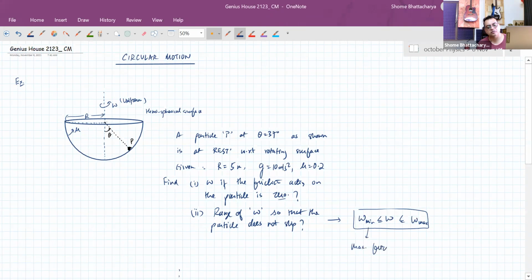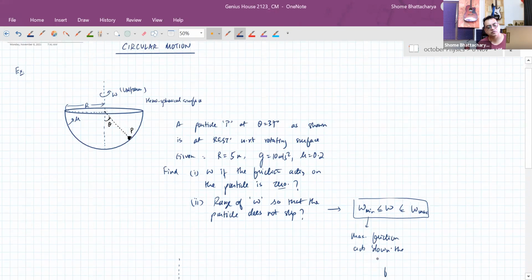In this case, the maximum friction acts down the surface because that mg sine theta component is dominating. And this is the case where maximum friction acts up the surface.